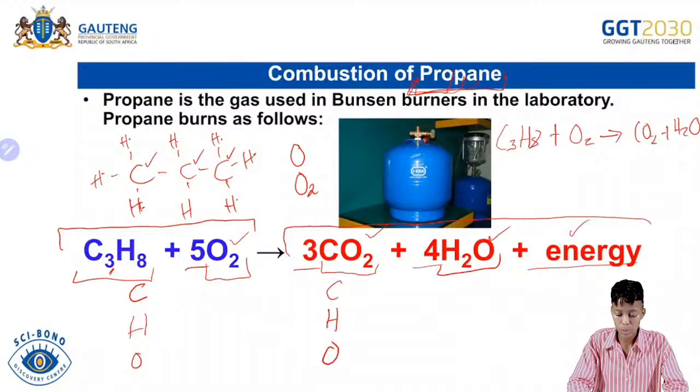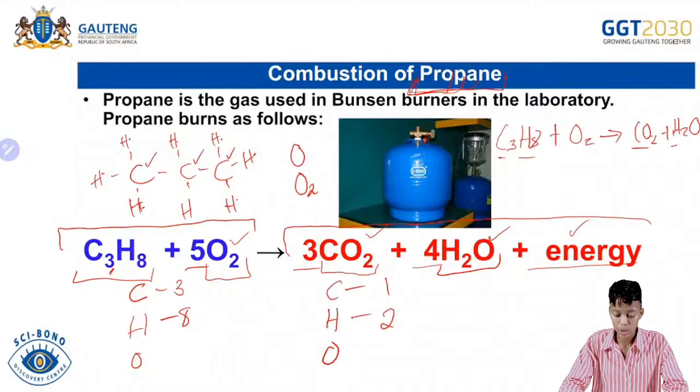So then you are going to say, how many carbons do I have on the left hand side? On the left hand side, initially we had 3 carbons. Then how many carbons did you have initially on the right hand side? You had 1 carbon. And then how many hydrogens did you have initially on the left hand side? You had 8 hydrogens. On the right hand side, you had 2 hydrogens.